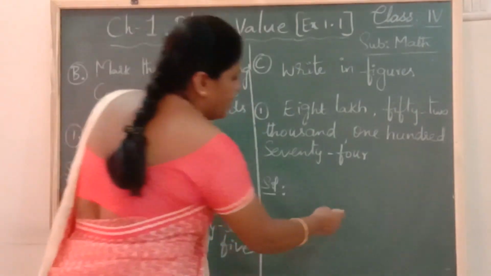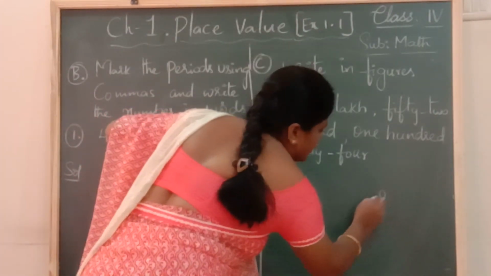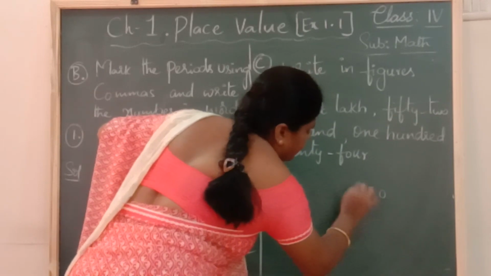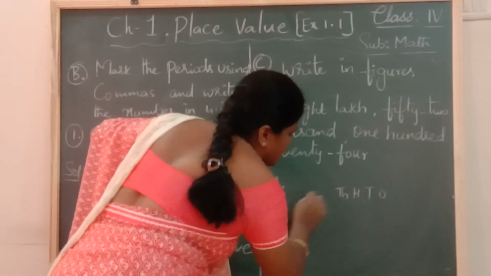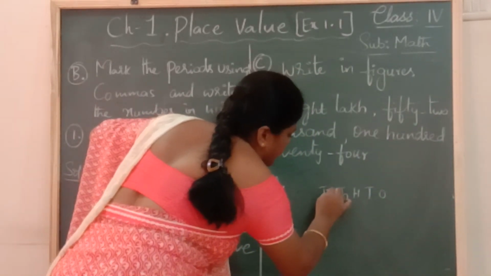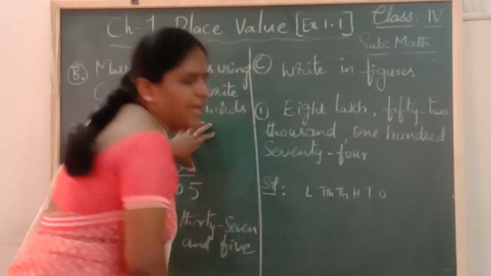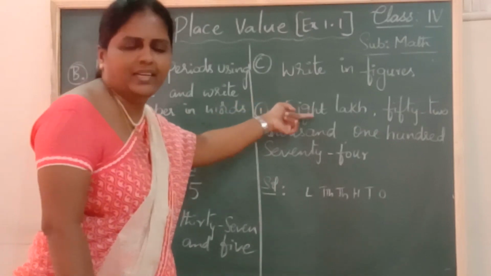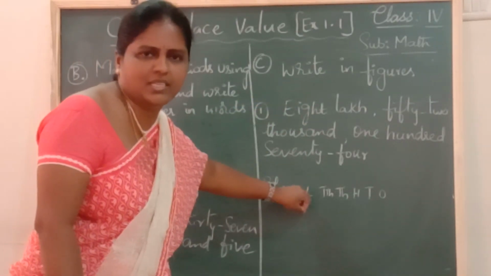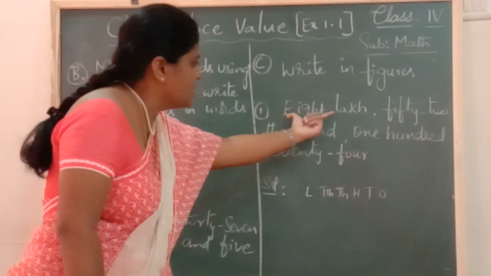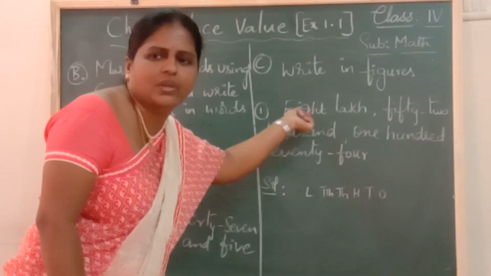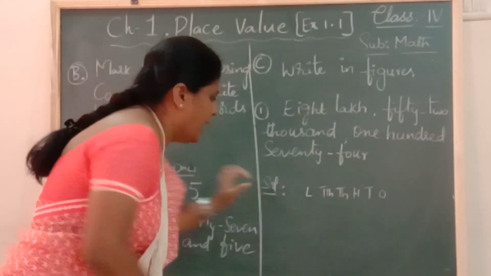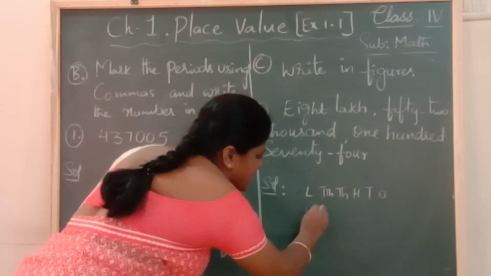So let's see here: ones, tens, hundreds, thousands, 10,000s, and then lakhs. So I have written here 6 places, children. Now let us read the question and write down one digit in each place. What is this first one? 8 lakh. So 8 is in the lakhs place, children.